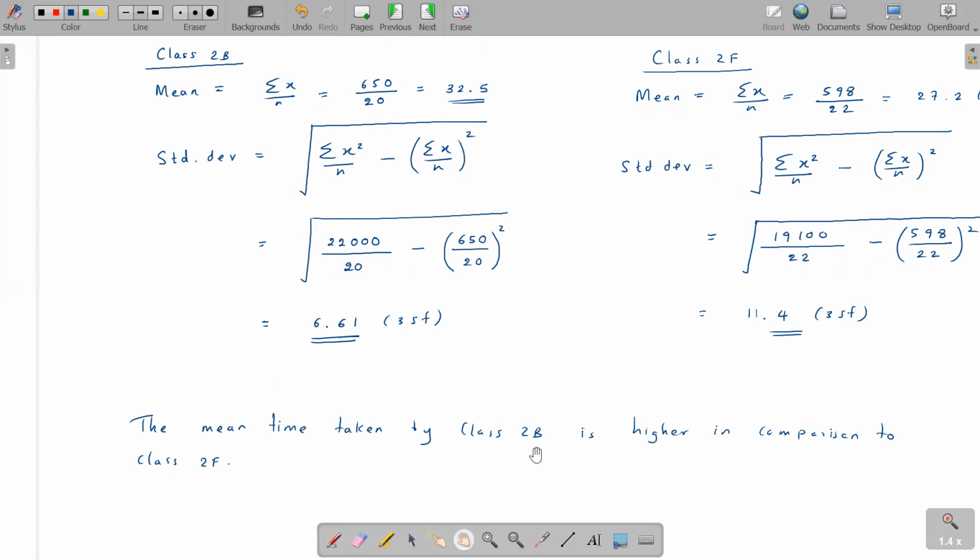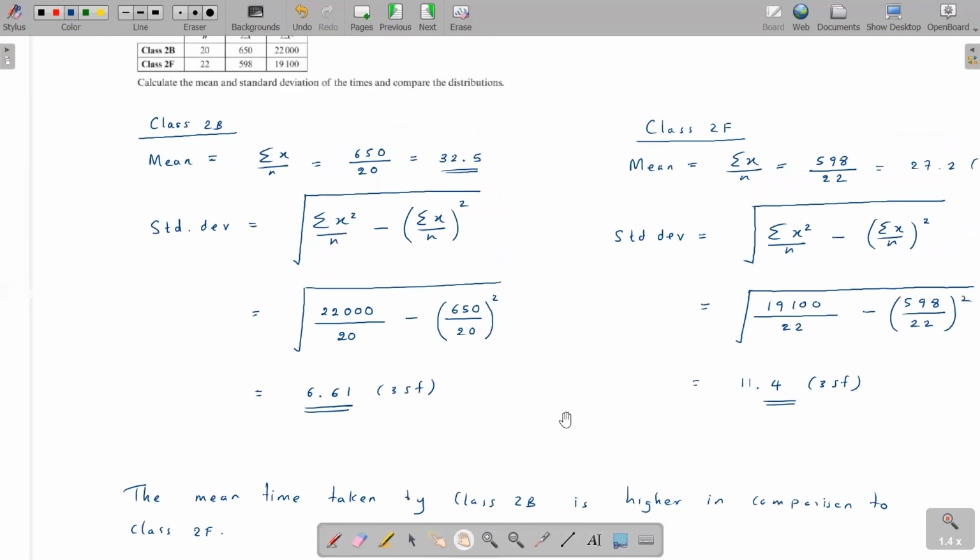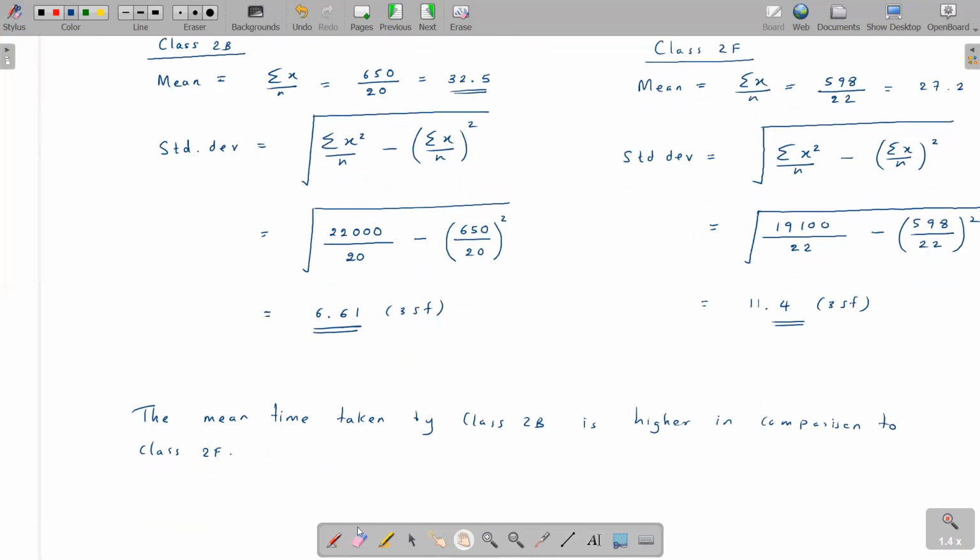This means the children in class 2F solve the puzzle faster, so class 2F is generally faster in completing the puzzle. Okay, so that's the comment we can give regarding the measure of location.